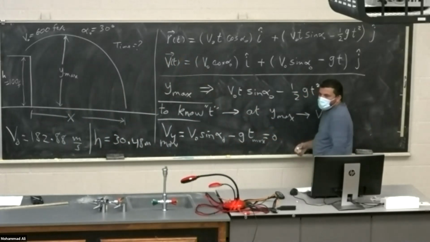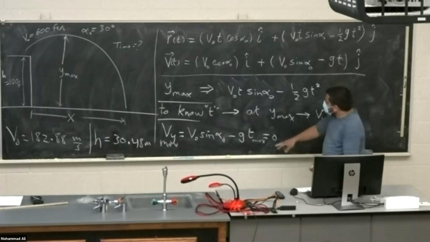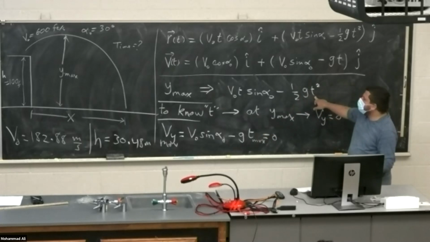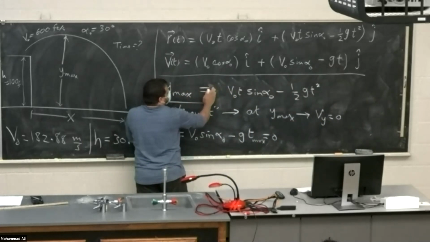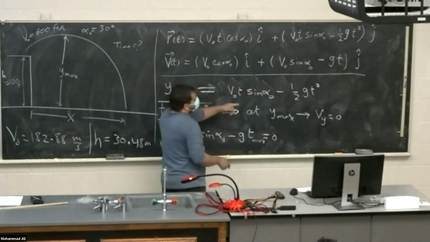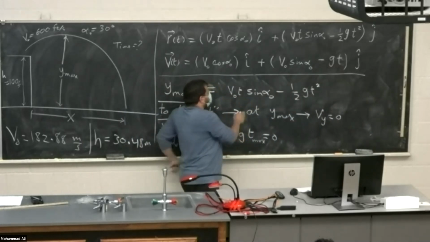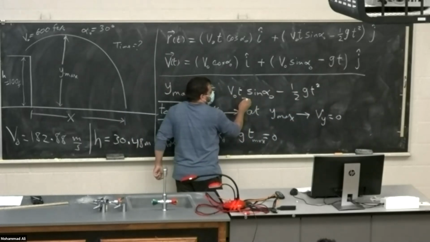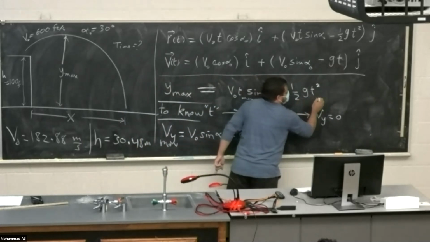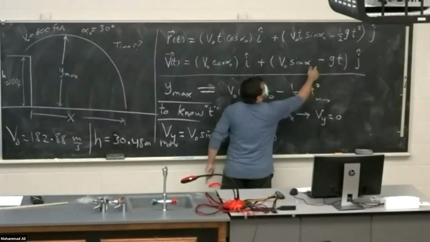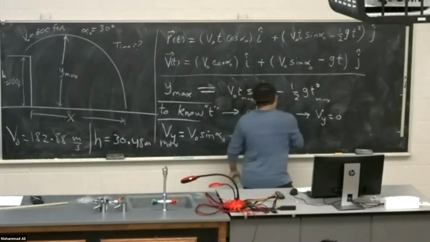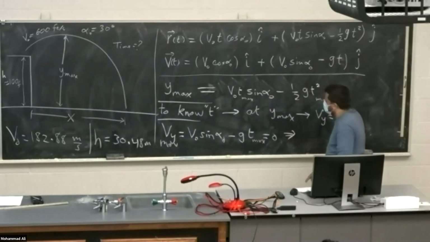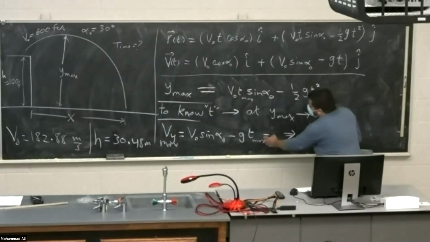I need to find the time, by the way, and then use the time here, because y max is equal to this. I use this part of the equation to find the time max. Move this to this side, it will be positive.